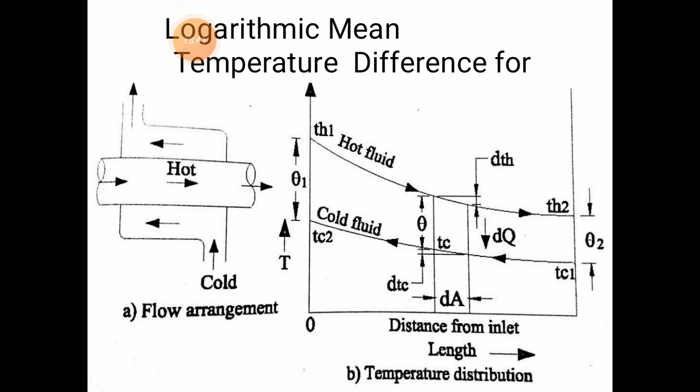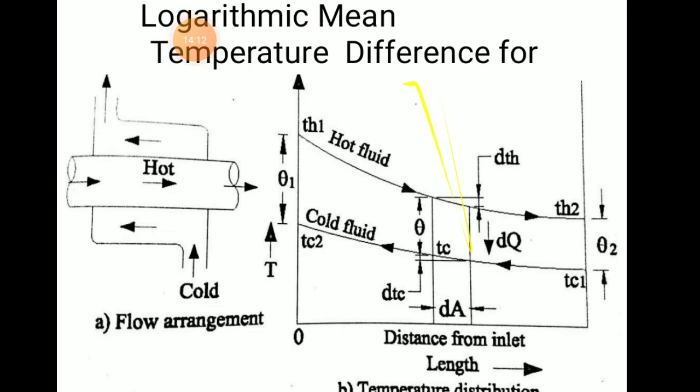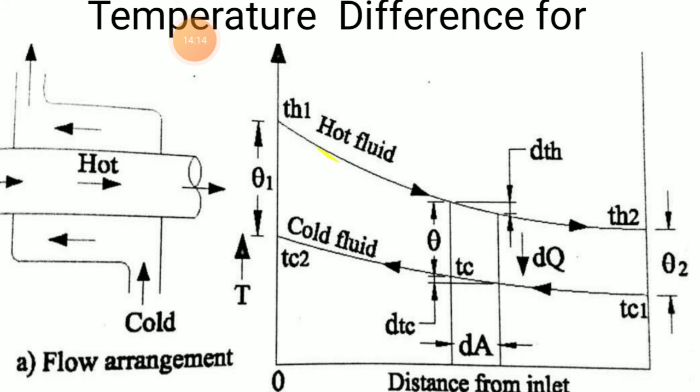Similarly, we can derive LMTD for a counter flow heat exchanger. Figure A shows the flow arrangement, that is the counter flow arrangement. If you observe the temperature distribution along its length, as the hot fluid flows from left to right, its temperature changes with respect to the upper graph.